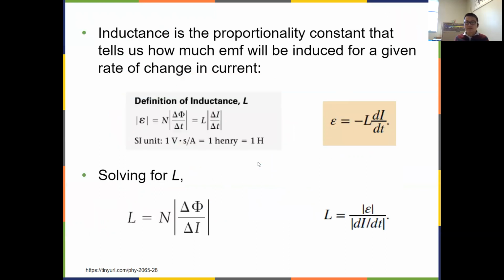The amount of induced EMF caused by that change is proportional to the change of the magnetic flux over time t, times the number of turns in the coil. And it should also be proportional to the change of the current over time, because if you have more change in current, you have more induced EMF, proportional to a factor we call the inductance of the coil.